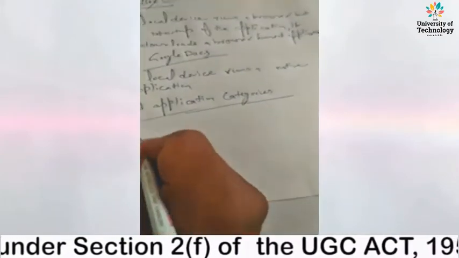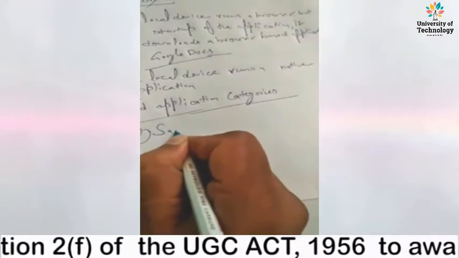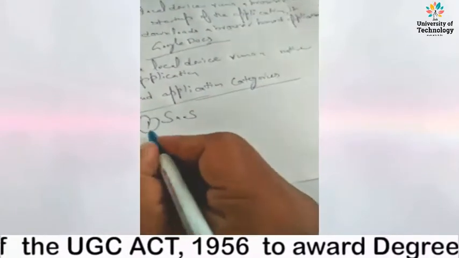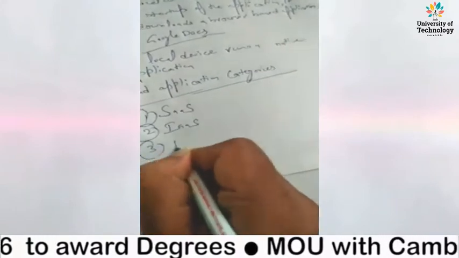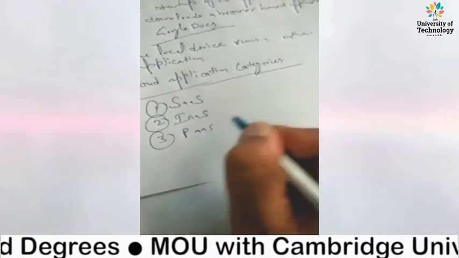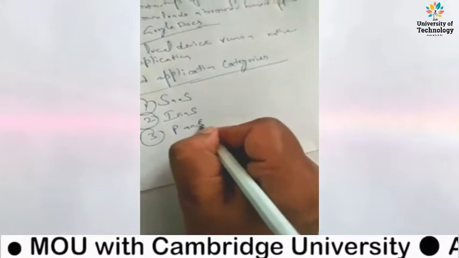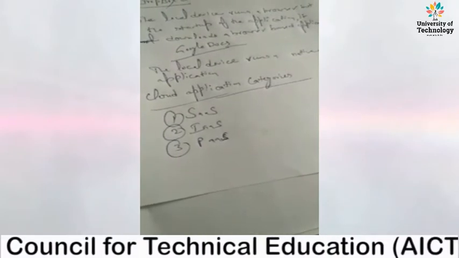First is SaaS. Second, IaaS. A third is PaaS. So SaaS stands for software as a service, IaaS infrastructure as a service, and PaaS platform as a service.